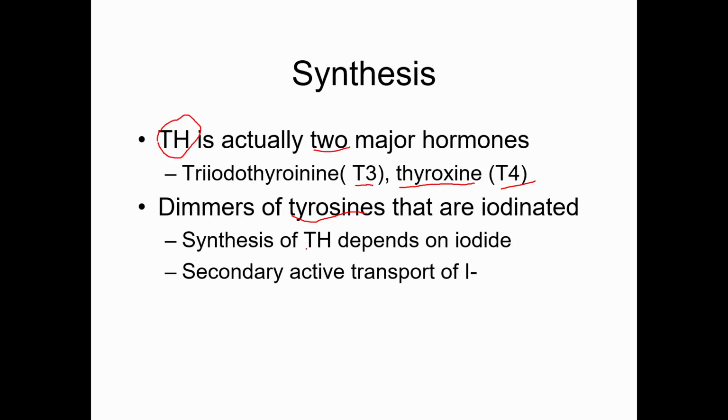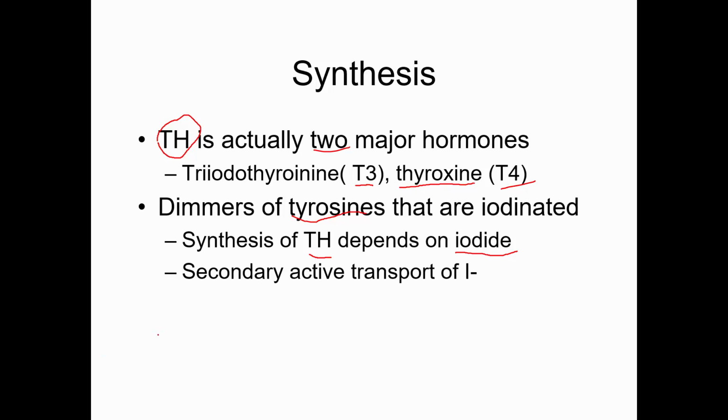So it's important to have iodide on hand for the synthesis of thyroid hormone. And many of you may realize that when you buy salt in the grocery store, it's iodinated. So table salt is a source of iodide, so we can make thyroid hormone. People that don't have access to that can sometimes have difficulty making thyroid hormone because they can't iodinate it.